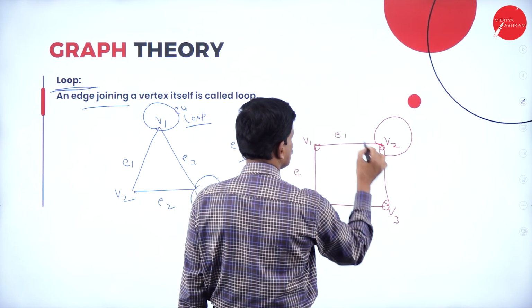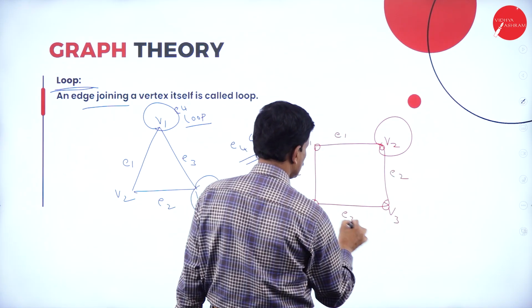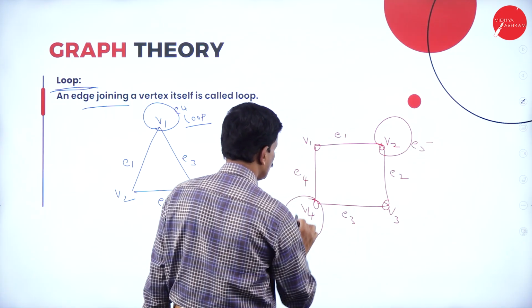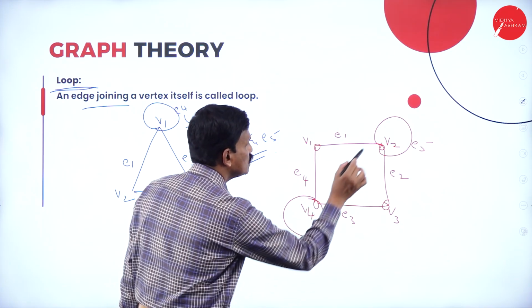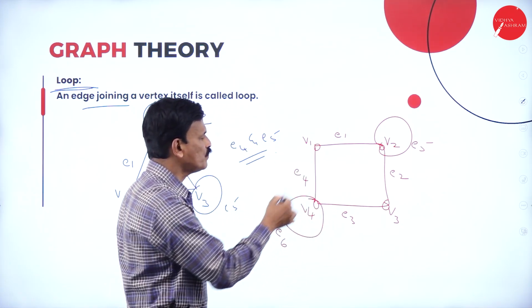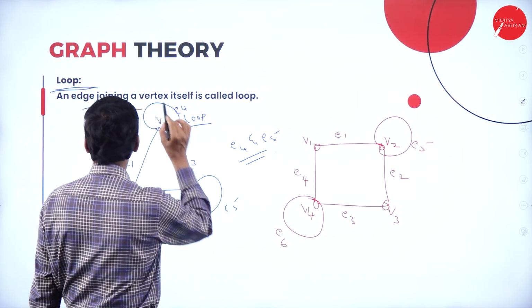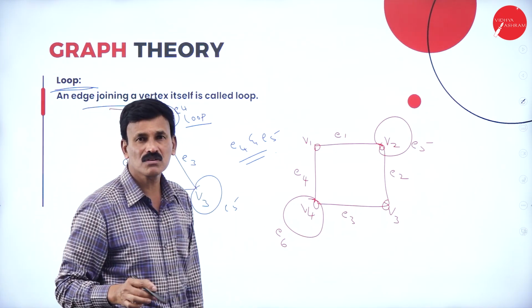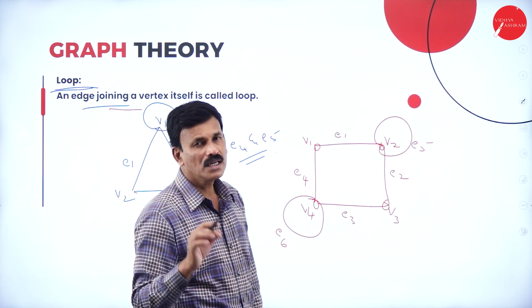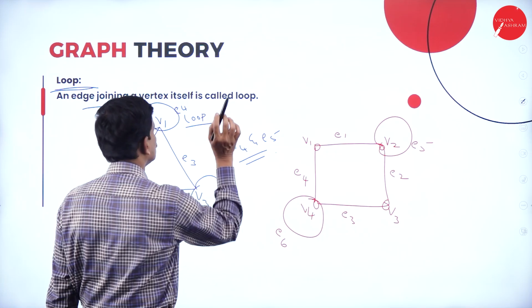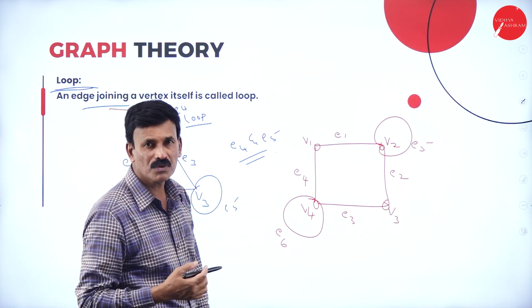Let us represent the edges as E1, E2, E3 and E4. If I write one more loop here, this is E5 and E6. So E5 and E6 are again examples for a loop. In general, an edge joining a vertex to itself is called a loop.